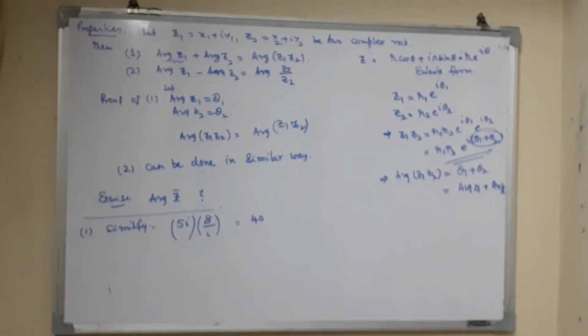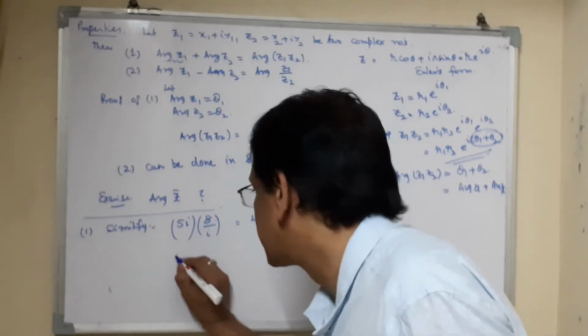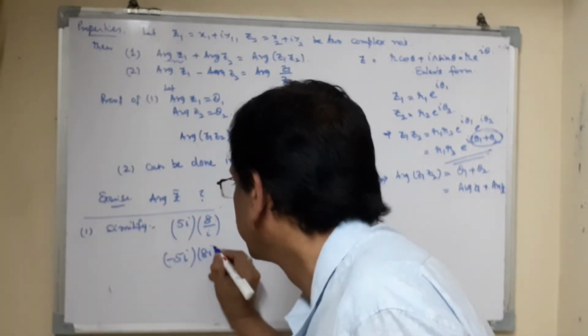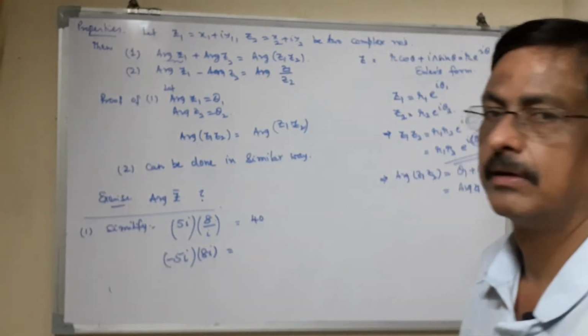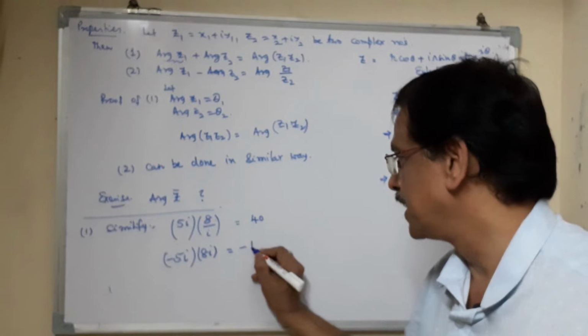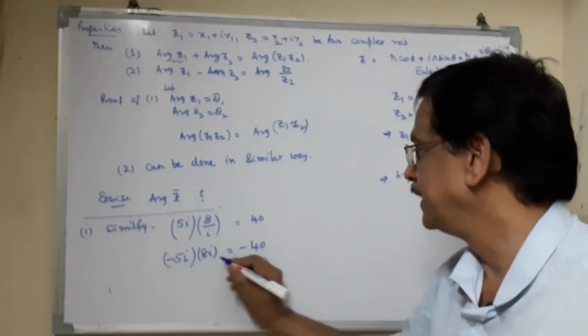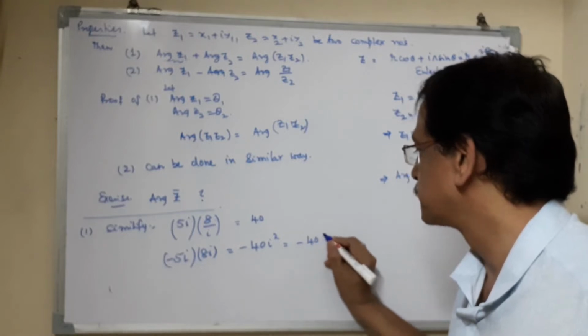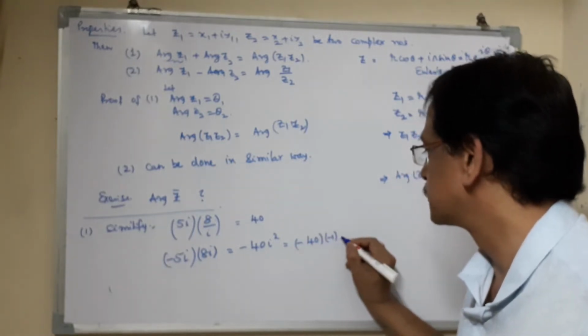So there is no great deal in calculating that. Let us see the same, minus 5i into 8i. Minus 5 into 8 is minus 40. i into i is i square, but i square is minus 1. So minus 40 into minus 1, which is 40.